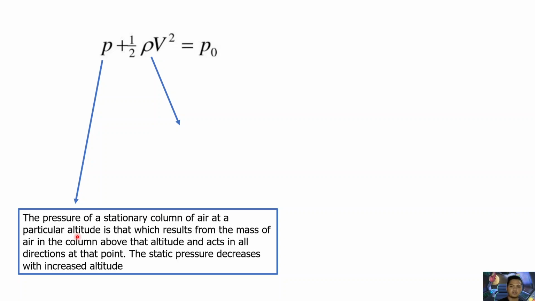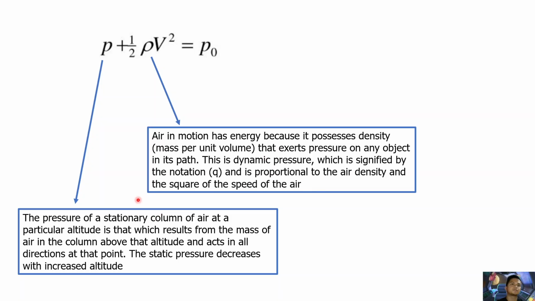At certain layer or pressure na nag-a-act doon sa skin ng isang eroplano. So the static pressure decreases with increased altitude. So basically, the static pressure is yung kinocompute natin from the module 2. Okay, sa gradient layers equations natin.